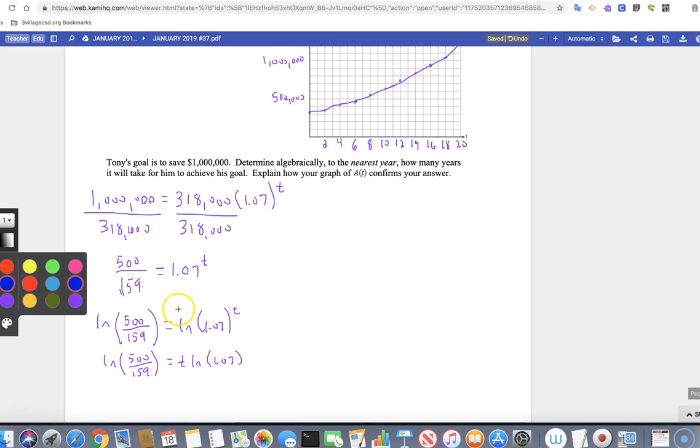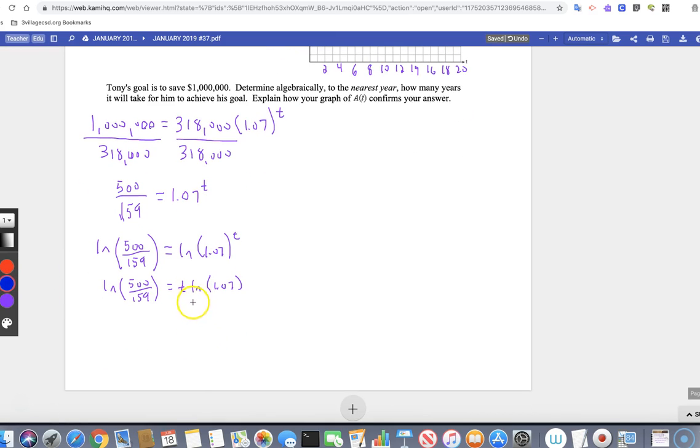And then the last thing that we would need to do to solve for t is to divide both sides by the natural log of 1.07. And on that left-hand side, we can input all that into our calculator at once, and to the nearest year, we would get an answer of 17. And that's how long it would take for Tony's savings account to reach $1 million. It would take 17 years.